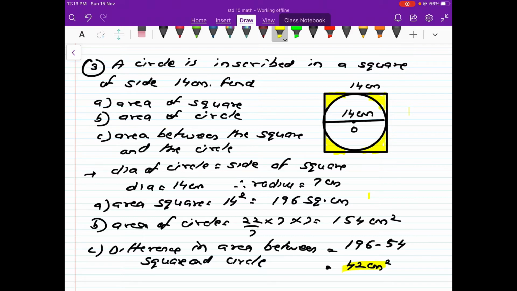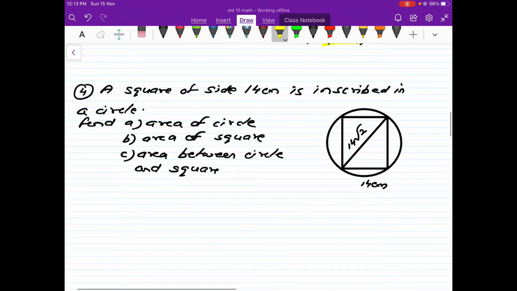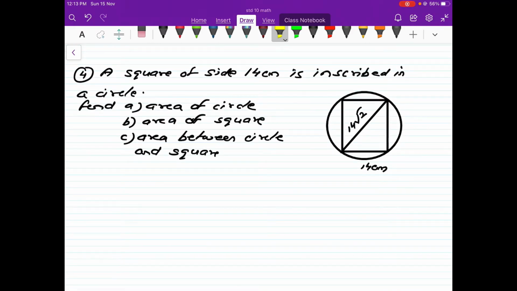Now we quickly go for the fourth sum. This is just the reverse of what we have done in the third one. A square is inscribed inside a circle. We want to find the area of the square, the area of the circle, and the difference in areas of the square and the circle.